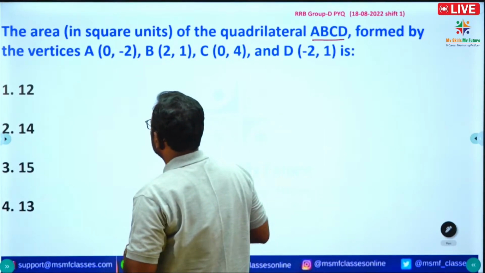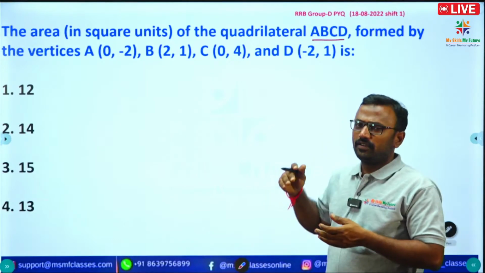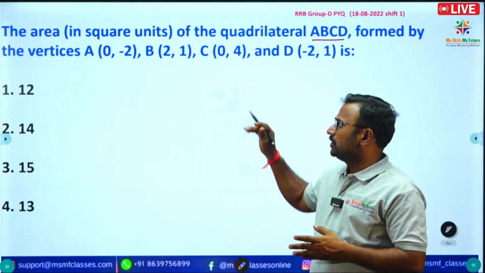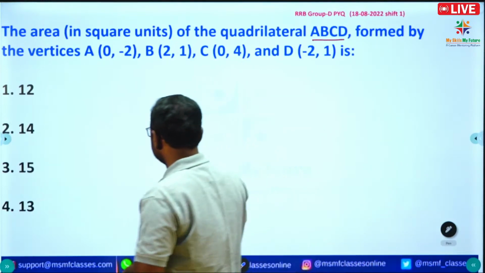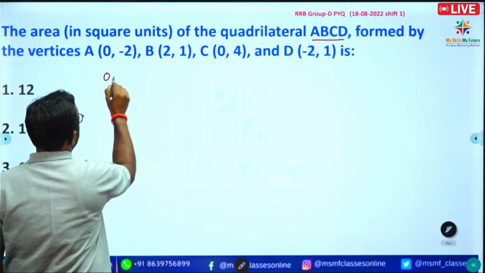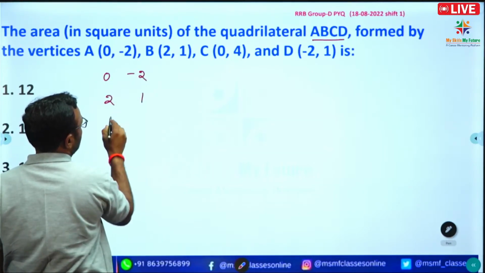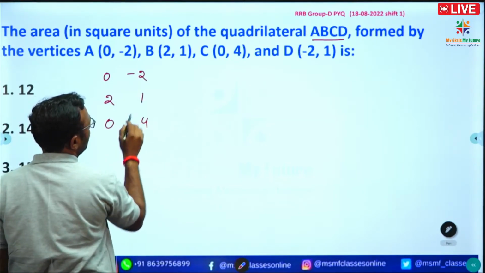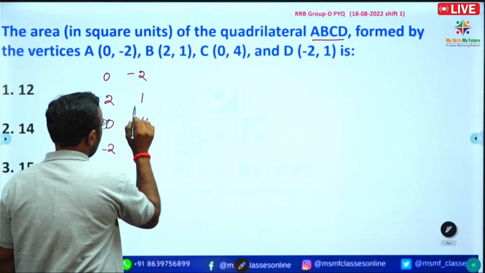So I will give a shortcut method to find the area of a quadrilateral by using vertices. The vertices are A (0, minus 2), B (2, 1), C (0, 4), D (minus 2, 1).